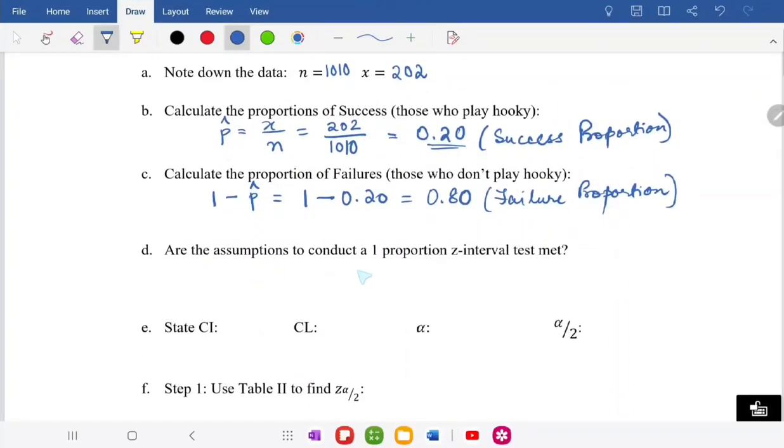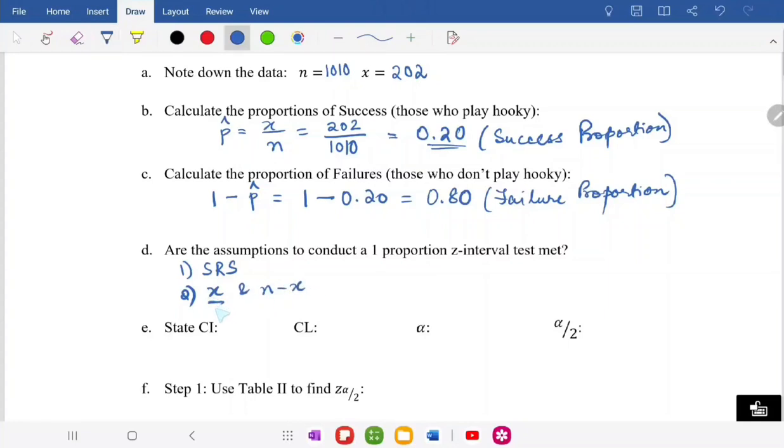D says, are the assumptions to conduct a one proportion z interval met? Yes, it's a simple random sample. The next criterion that must be met is that the number of successes and the number of failures must be greater than or equal to 5, in other words, x and n minus x.